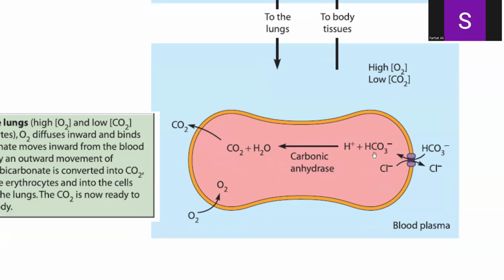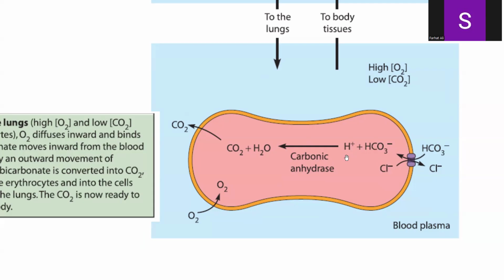So it is important to regulate the pH of the compartments of living systems. In blood, the major buffering agent is the bicarbonate buffer system. The bicarbonate buffer system is important for regulating the pH of the blood. The pH of blood is close to neutral, slightly more than neutral.